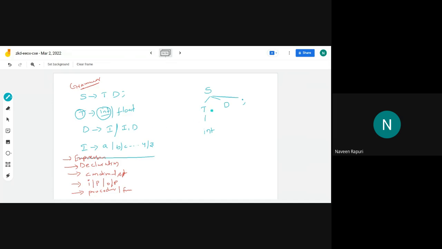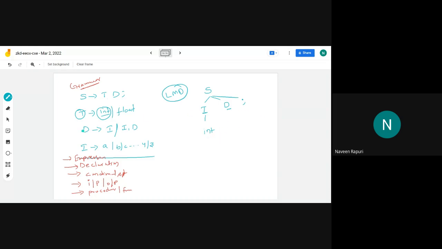Here there are two choices: I can replace T, or I can replace D. Here I am trying to construct the LMD, that's why I replaced T with int. This is completed because it is a terminal.